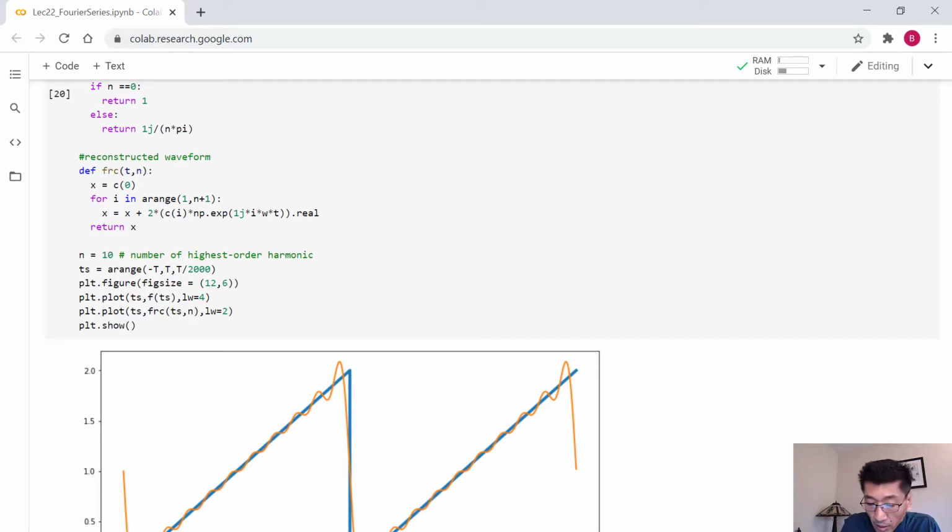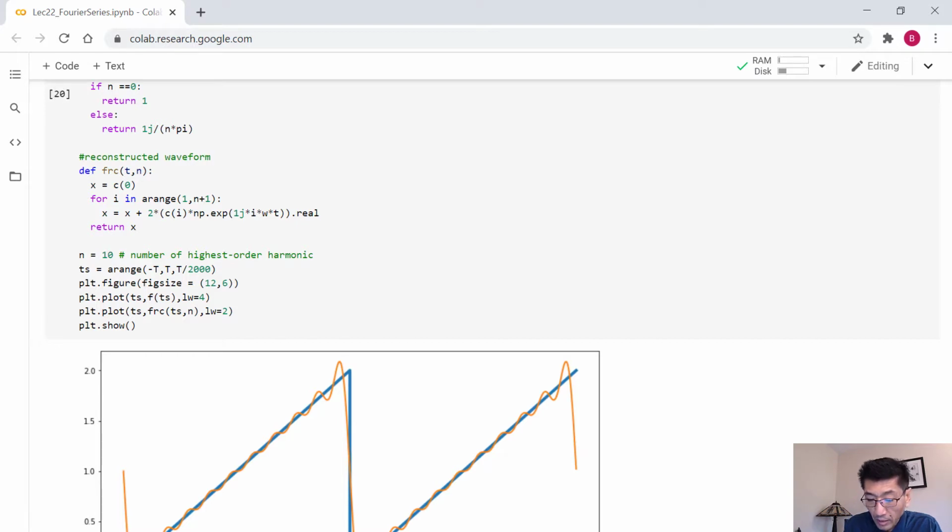So therefore, what I did was take Ck times e to the j k omega t, and I take the real part and multiply by 2, because these are conjugates of the ones with the negative n, right? So I did this and see whether we can approximate this waveform.